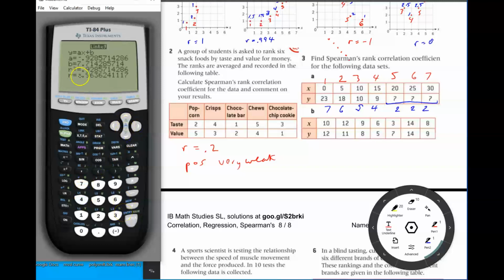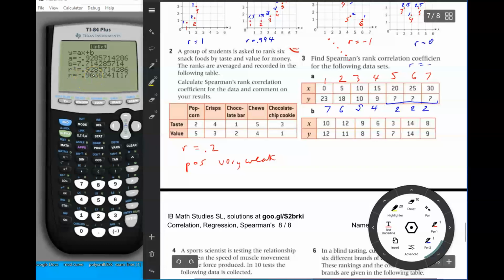And make sure you check R and not R squared, okay? R here is negative 0.963, so it's 0.964 actually if we round correctly, right? We should use 3 significant figures as usual. And here I would say that the correlation is negative and strong, right? Because 0.964 is very close to 1.